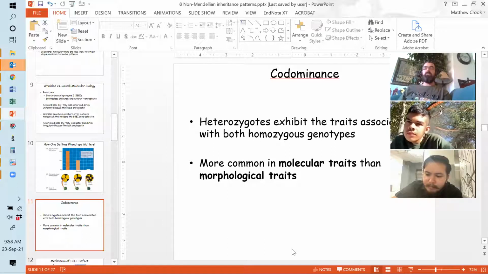Incomplete dominance is where there's not enough of one product to mask the other, so you're not getting the full dominant phenotype, you're getting a partial one.